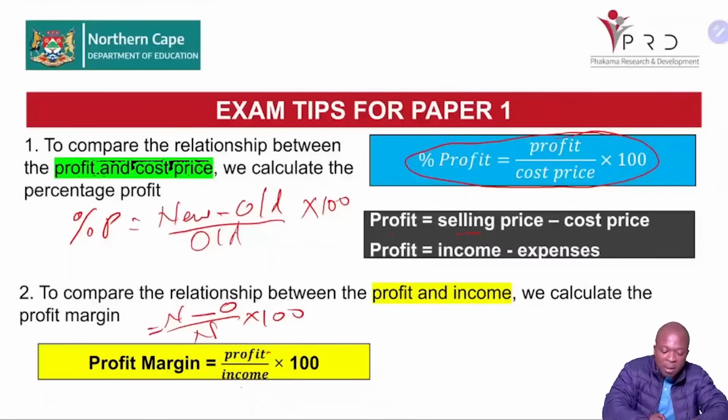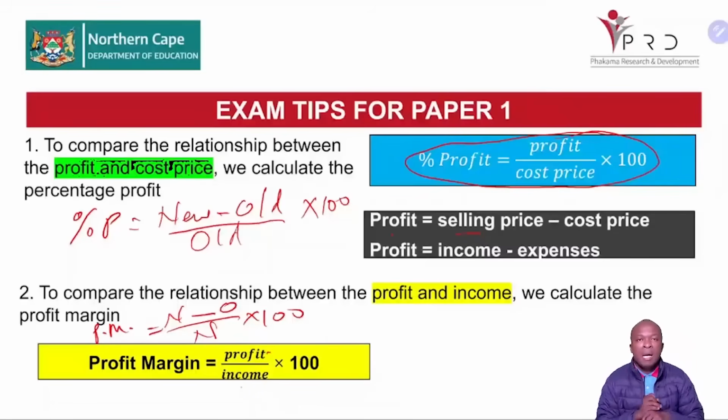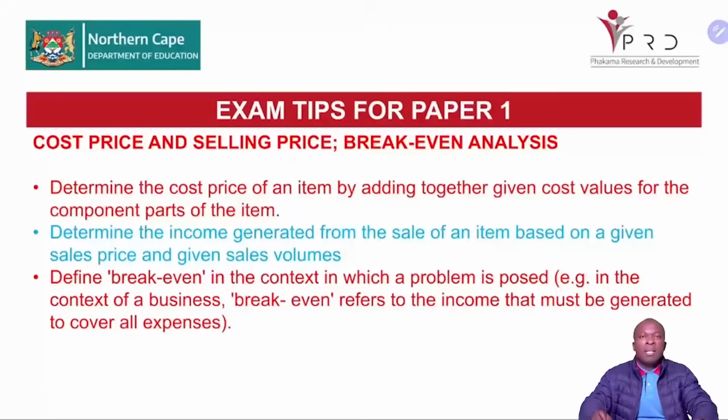That becomes our profit margin. Are we together? So the only time you're going to divide by new is if the examiner says determine the profit margin. But if the question says determine the percentage profit, percentage change, it's always going to be new minus old divided by old times 100.